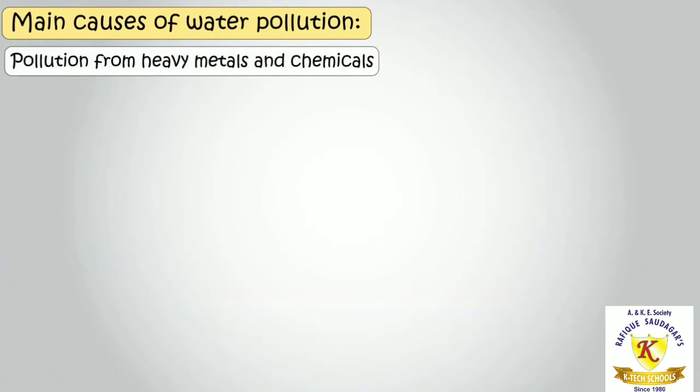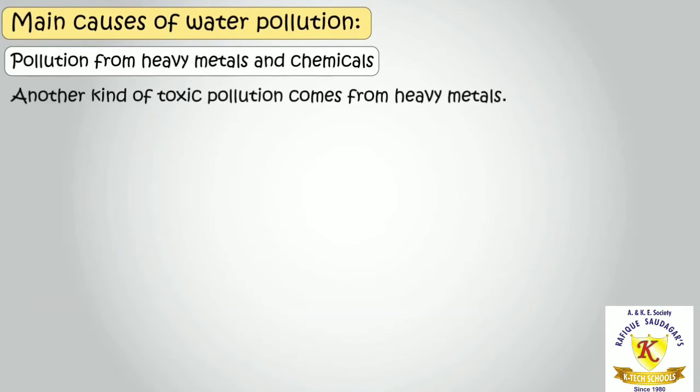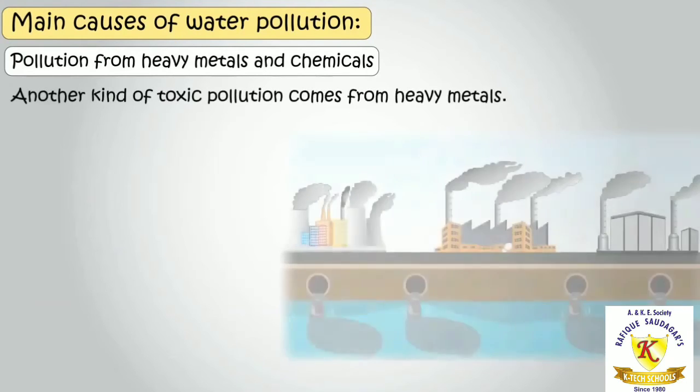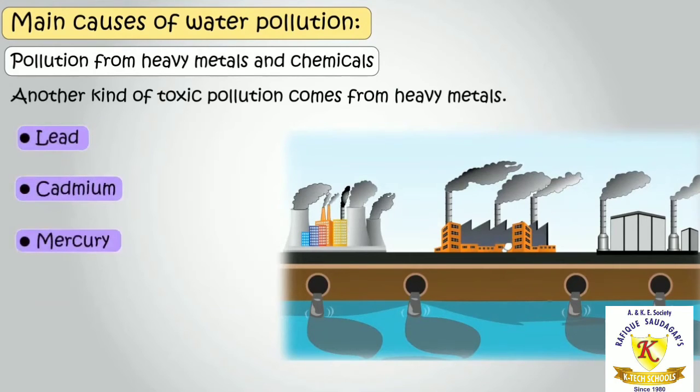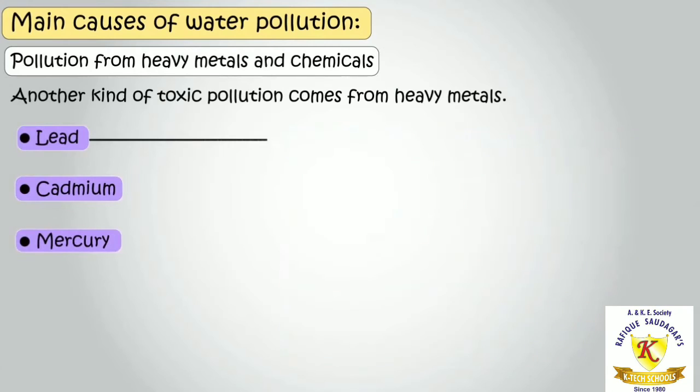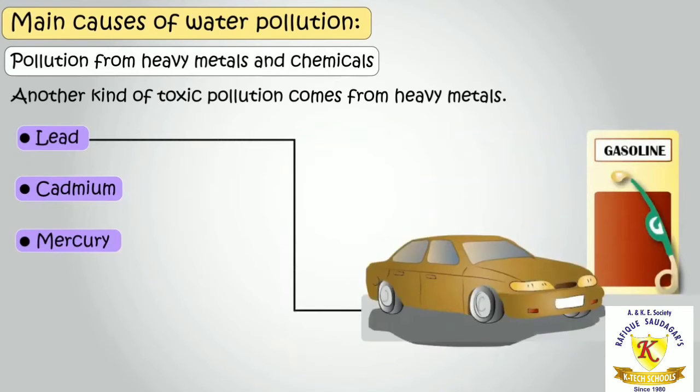Pollution from heavy metals and chemicals. Another kind of toxic pollution comes from heavy metals: lead, cadmium, mercury. Lead is commonly used in gasoline, so its use is restricted now in some countries.